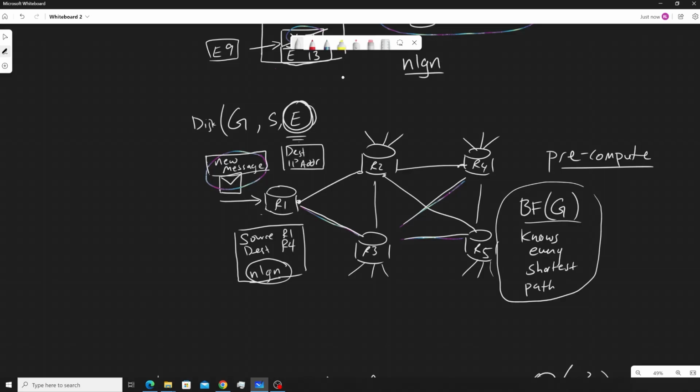In contrast, over here, we won't have those values when the new message arrives. The new message arrives with R4. Well, let me run Dijkstra on G, S, and R4 now. And so that is one of the benefits that Bellman-Ford has over Dijkstra, that you can pre-compute these values.